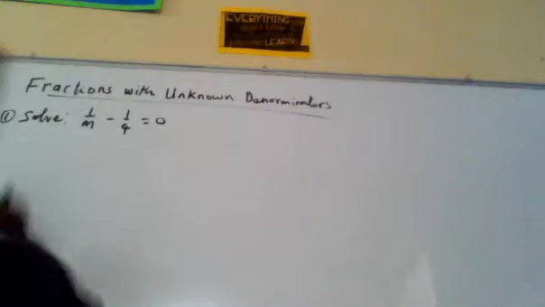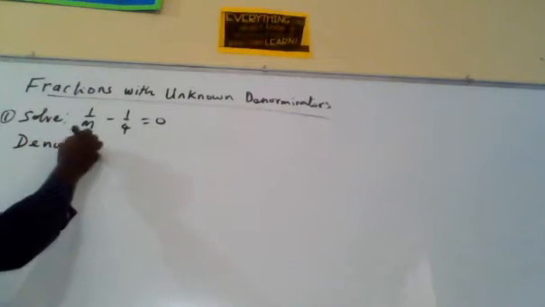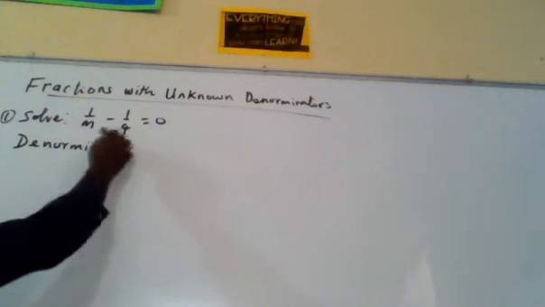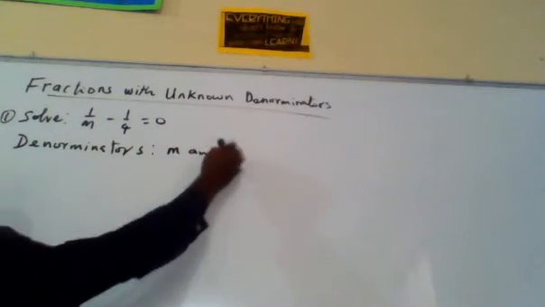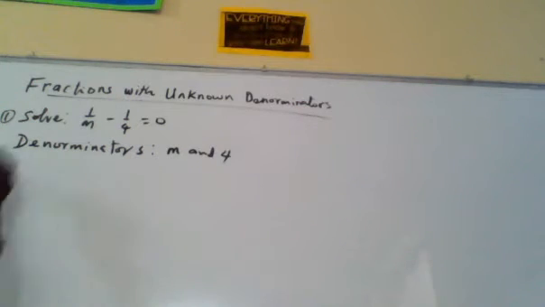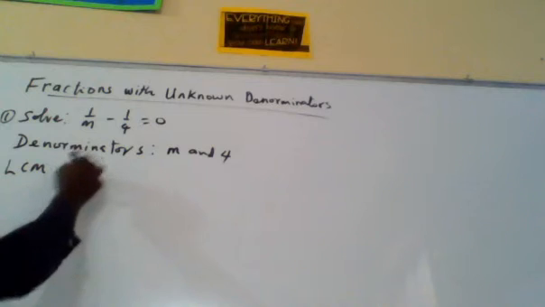Okay, we have our denominators to be m and 4. Then our L.C.M is going to be 4m.